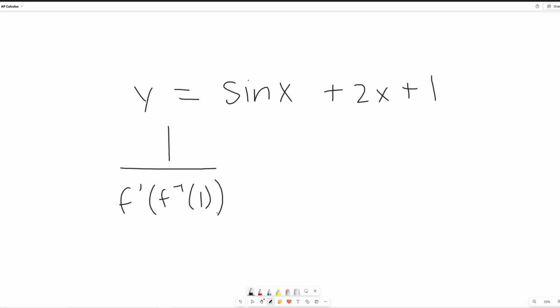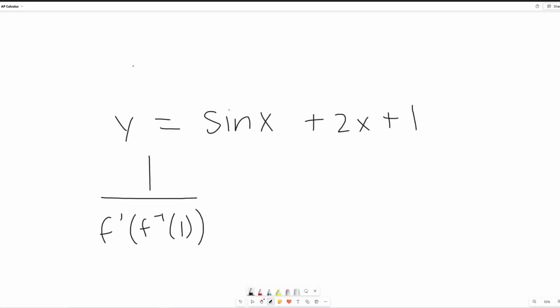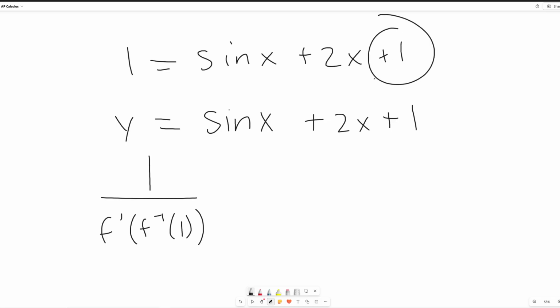Okay. So 1, what is the inverse of 1? So we have 1 equals sine of x plus 2x plus 1. We have the 1 over here. So what is the x value going to be for these ones?